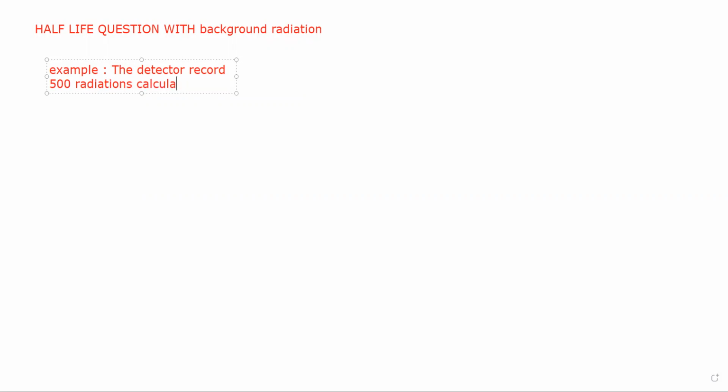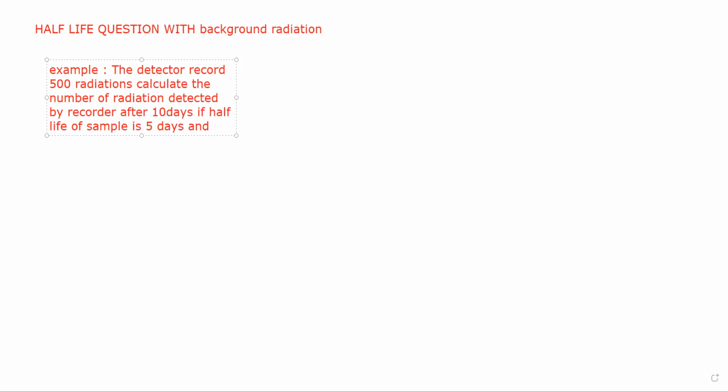Calculate the number of radiations detected by the recorder after 10 days if the half-life of the sample is 5 days and the background radiation is 40.